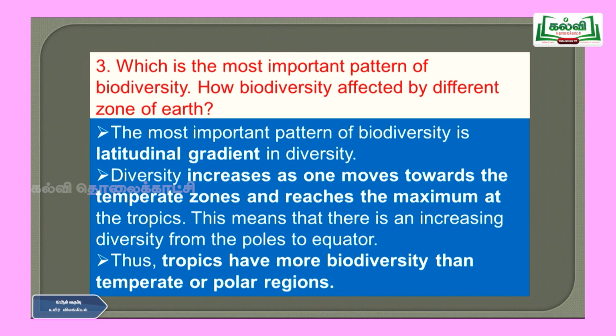This means there is an increase in diversity from the poles to the equator. When we compare from poles to equator, the organisms gradually increase towards the equator. Thus the tropics have more biodiversity than the temperate or polar regions.